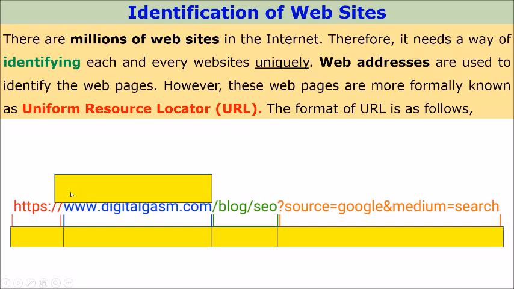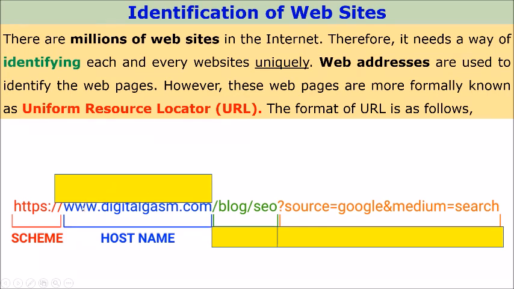Then you want to identify the parts of this URL also. When considering the parts of this URL, here you can see HTTPS, this part is called scheme. This part is also known as protocol, another name for scheme. Then after the scheme, in blue color, this part we call the host name.